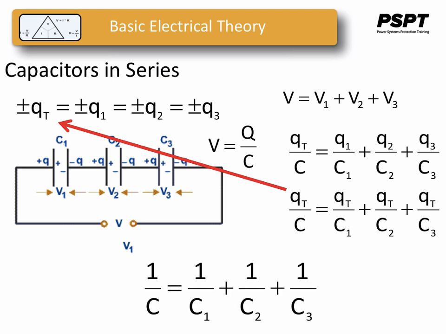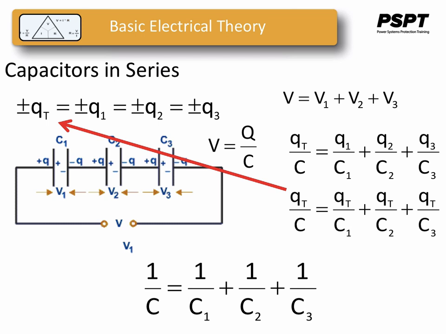And if we divide both sides of the equation by QT, the equation still holds true, which says 1 over C, which is the total capacitance, is given by 1 over C1 plus 1 over C2 plus 1 over C3.